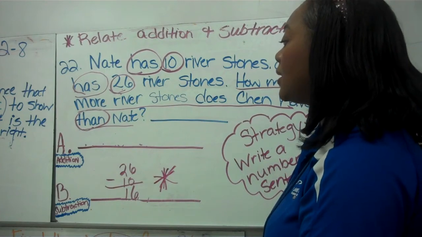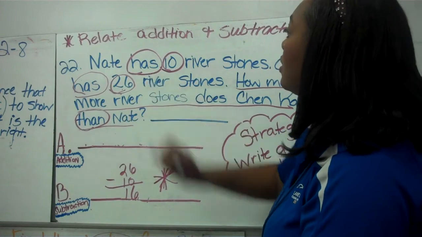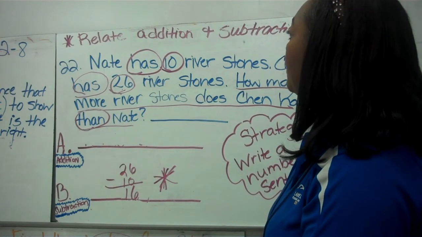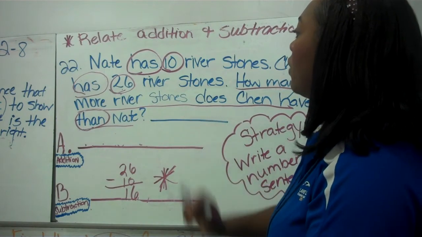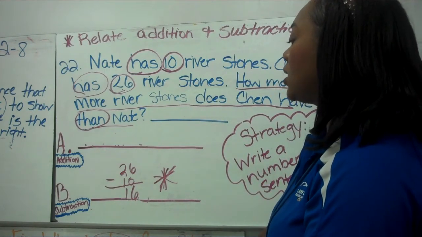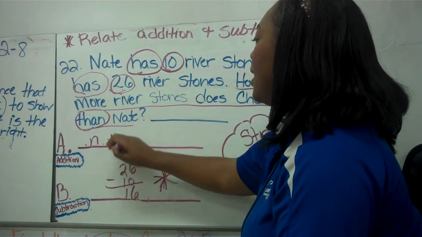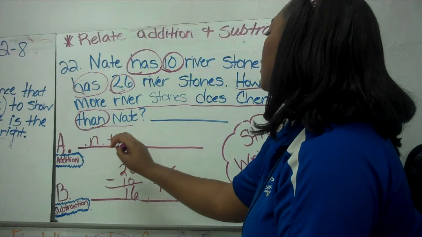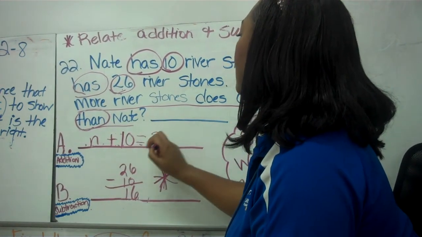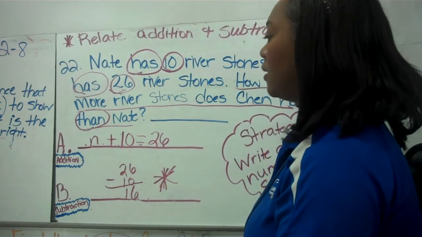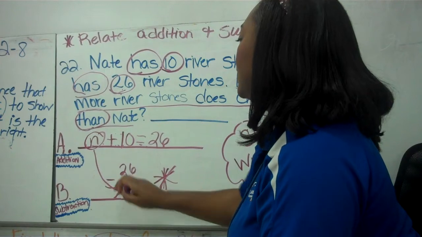This is the better operation, okay? But you can also write an addition number sentence. I know the total amount that Nate has. I know the total amount that Chin has, and I want to know how many more river stones Chin has than Nate, okay? So I can say some number plus 10 is going to give me 26, okay? And we know that missing number is 16.